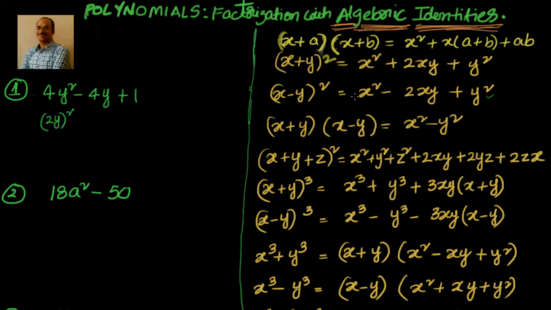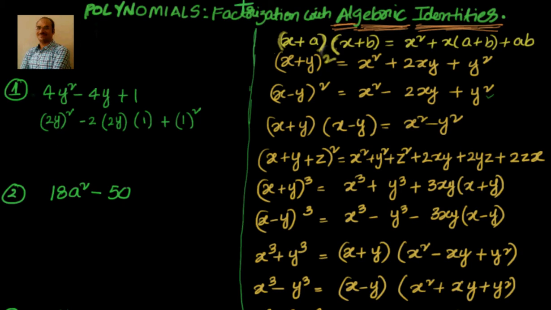Now my formula is a square minus 2 into a into b. Here a is nothing but 2y, so we have 2y whole square minus 2 into 2y. I'm not left with anything else other than 1, and it fits exactly, this is equal to 1 square.